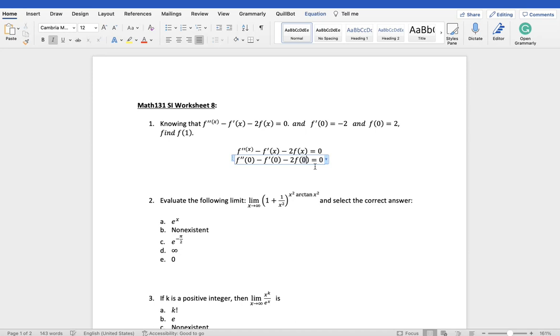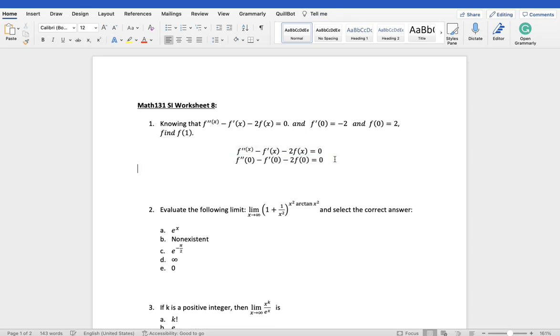Since we're given all these values, f double prime of 0 would be equal to f prime of 0, which is given as minus 2, so you have minus 2, which is 2, minus 2 times f of 0.